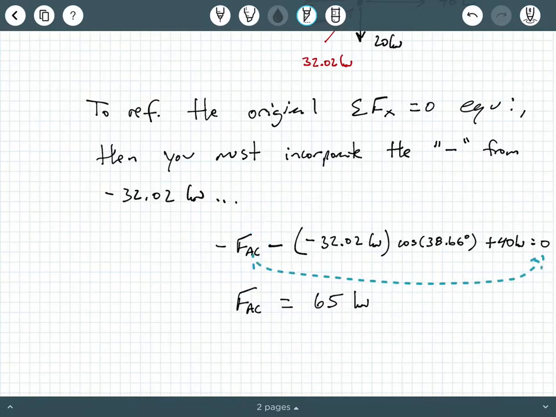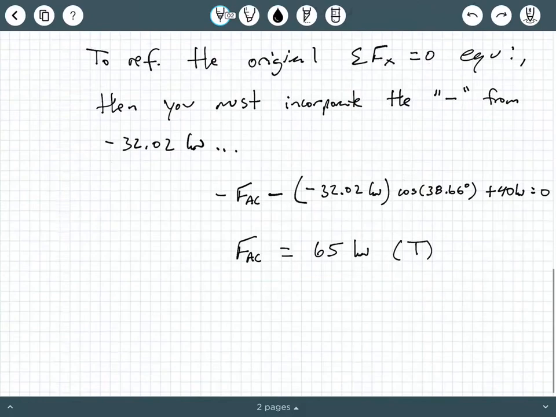Because I've moved FAC to the other side of the equation, and this negative times this negative gave me a positive, which I combined with the positive 40. So I get a positive 65 kilonewtons in tension. Positive indicates tension.